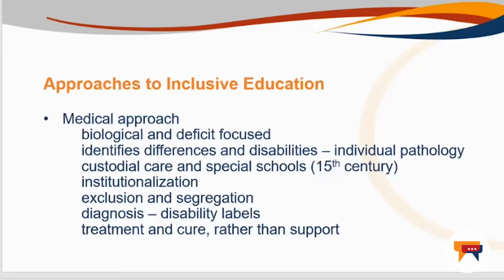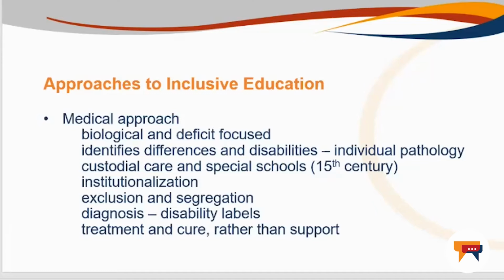And so the whole process would begin with a diagnosis, and you would say that this learner's disability is X, and X then led to entrenchment of the disability label. You couldn't see the learner as separate from that label.